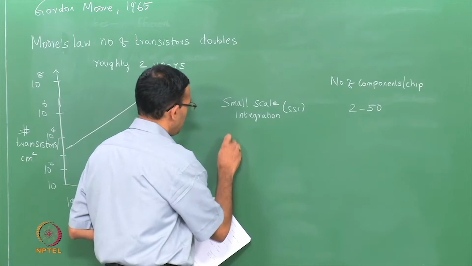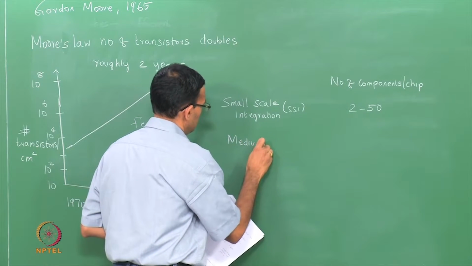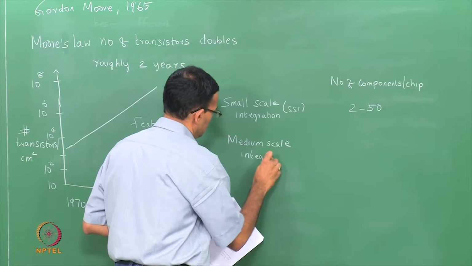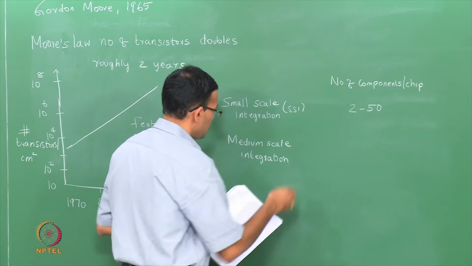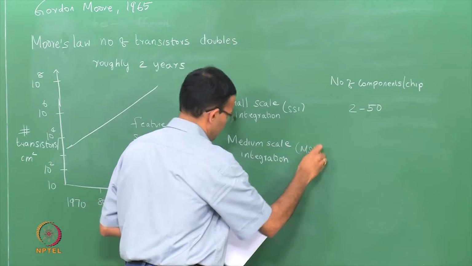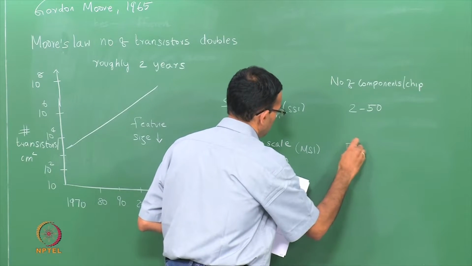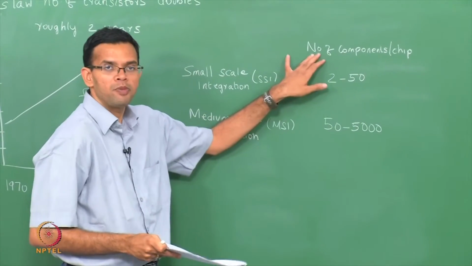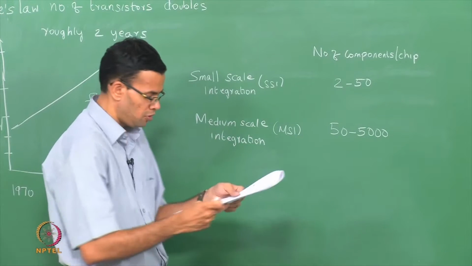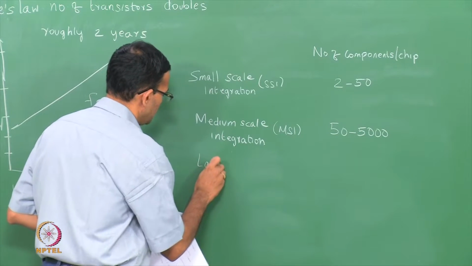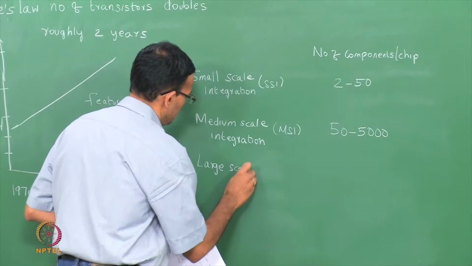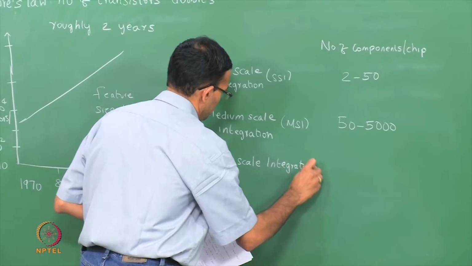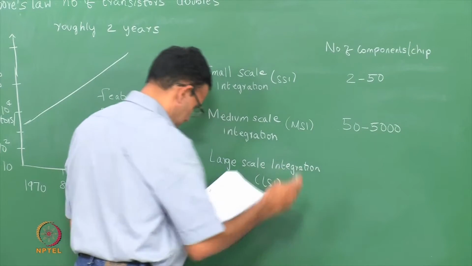Then we had medium scale integration. Let's call it MSI. So, now you have a few thousand components, and note that as the number of components increase, the feature size will also reduce. Then you have large scale integration, which is LSI.